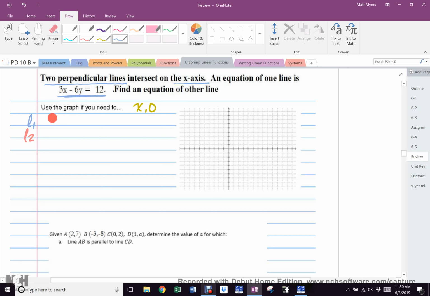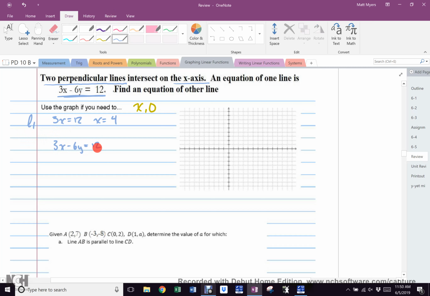The x-intercept is 3x equals 12, so what's the x-intercept? 4. What's line 2's x-intercept? 4. What's line 1's slope? How do I use that to find slope?